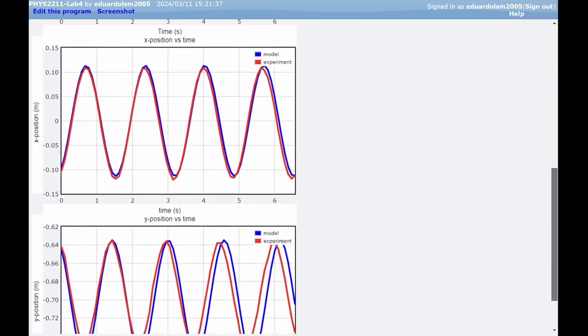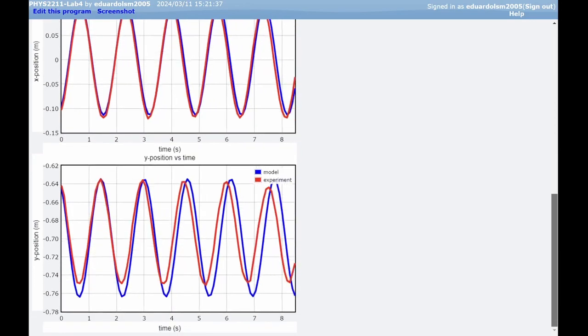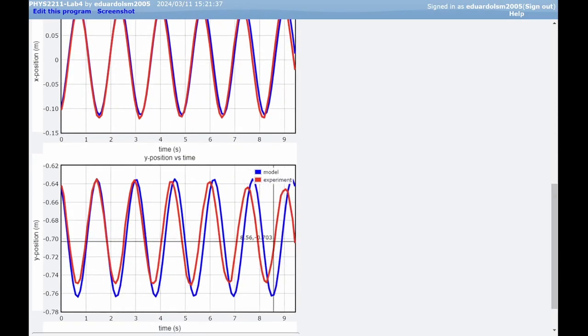As you can see here in the x and y comparison, they're very similar, comparing the experiment and the model, although the y position is a bit different, but that's possibly because of my error when measuring stuff on tracker.